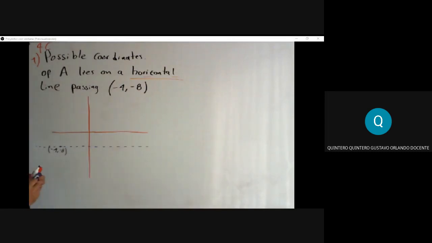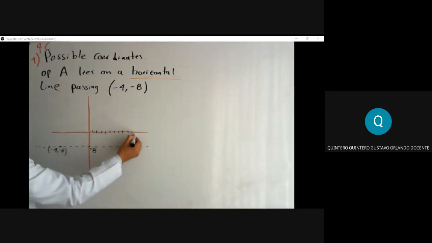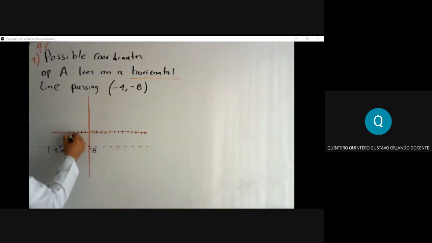right? And we can see that every single point in that line has the same y coordinate, which is -8. But it depends on the amount that you choose for x. Depending on what you choose for x, the x value will change. But the y coordinate will always be -8.